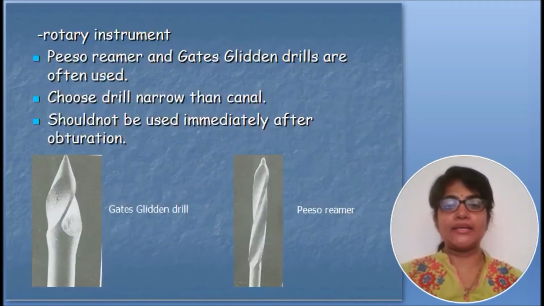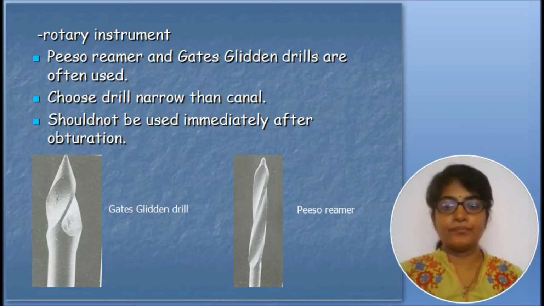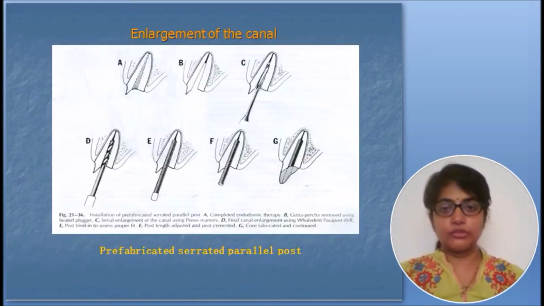The second method is by using rotary instruments, that is Gates Glidden drill and Peeso reamer. Peeso reamer and Gates Glidden drills are often used. Choose the drill narrower than the canal, and it should not be used immediately after the obturation. So the second step is how to carry out the enlargement of the canal.